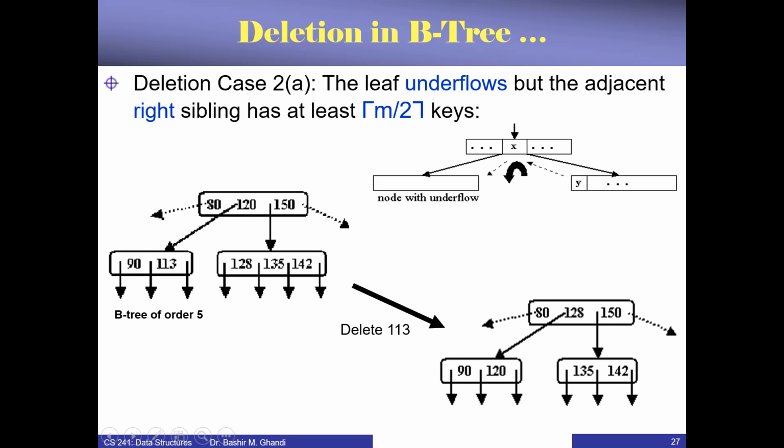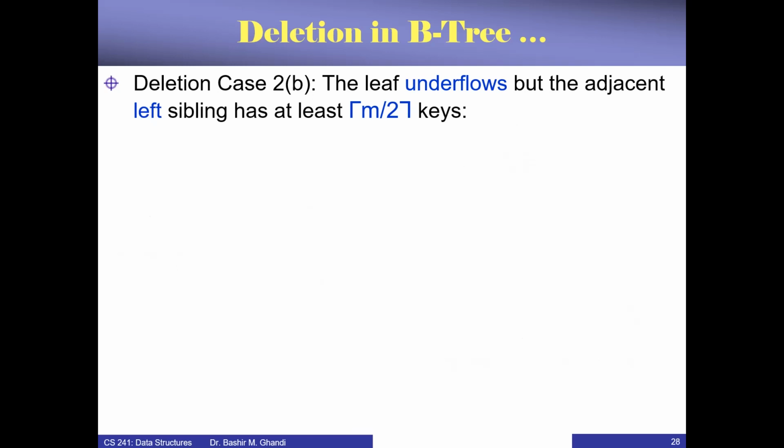You could have a similar situation if it is the left sibling that has more elements. You can also borrow from the left sibling. This is what we call case number 2b. The leaf underflows, but the adjacent left sibling has at least ceiling of m over 2 keys, so it has more than the minimum.